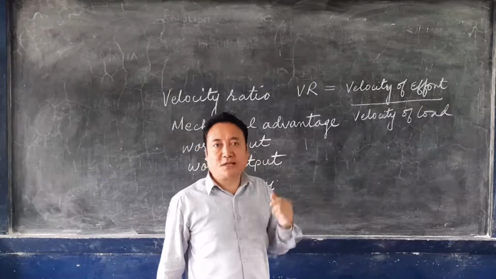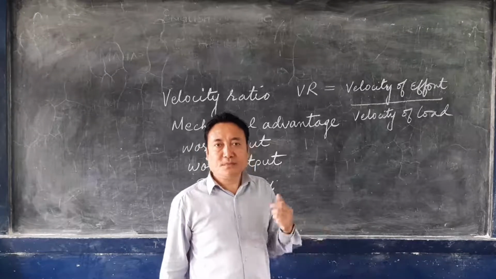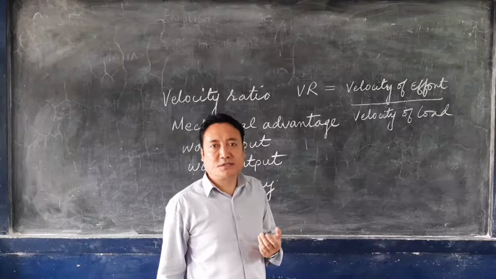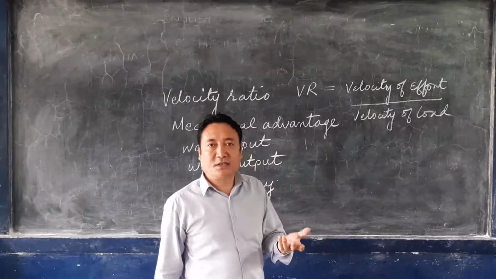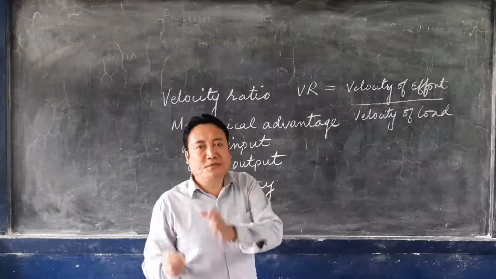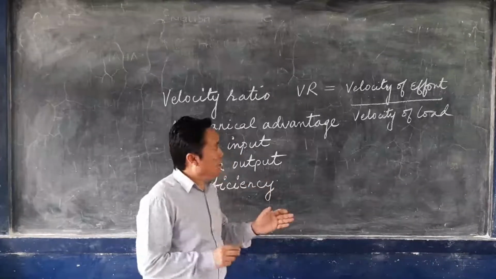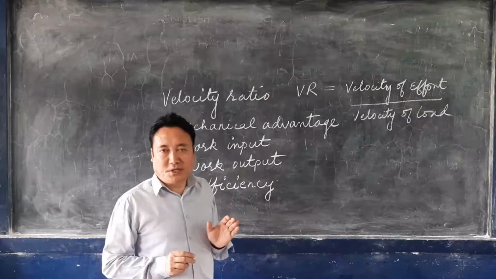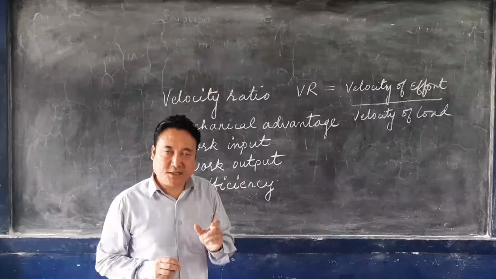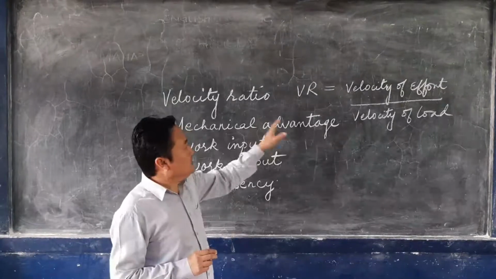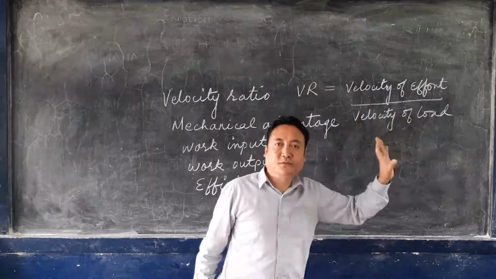The effort has a unit, which will be Newton or kilogram force, and the load will also be considered in Newton. So load and effort have some unit. But here the velocity ratio does not have a unit, since it is a ratio of two similar physical quantities. So therefore velocity ratio is defined as the velocity of effort to the velocity of load.